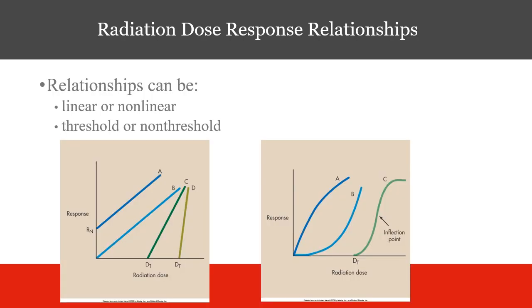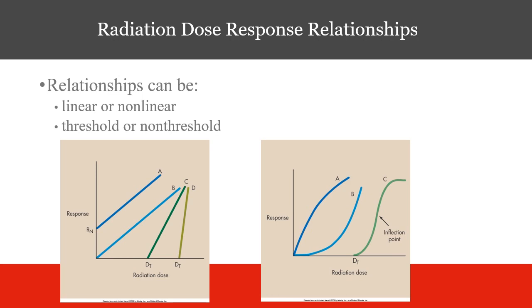So these relationships are going to be either linear or nonlinear. First of all, they're either going to be straight lines or curves. On the left-hand side of the page on the bottom, you can see where we have dose on the x-axis, just as we do on the right side, and the responses on the y-axis. In these examples, whether we look at A, B, C, or D on the left-hand side, these are all linear relationships, meaning that they're a straight line.